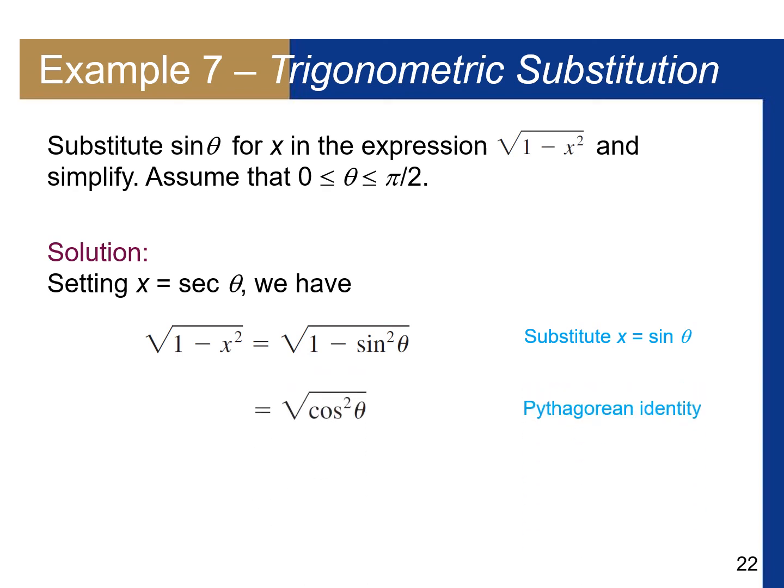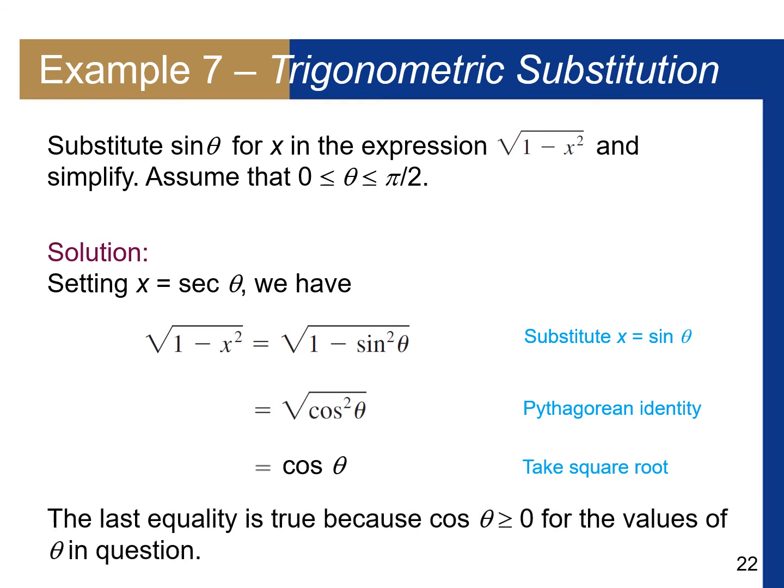And that would be the square root of cosine squared theta, which would equal cosine theta. So it's true because cosine theta is greater than or equal to 0 for all these values.